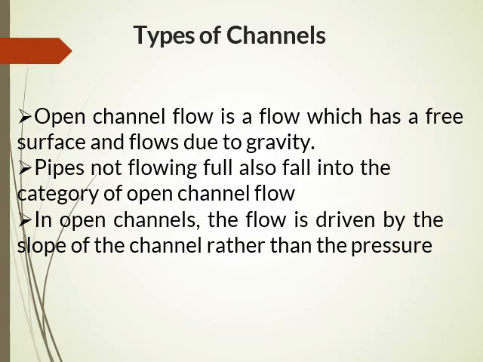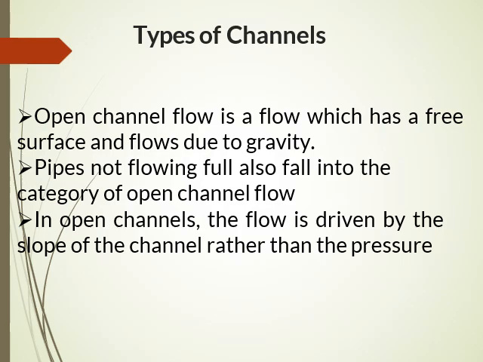Open channel flow has a free surface and flows due to gravity. A pipe not flowing full also falls into the category of open channel. In open channel, the flows are driven by the slope of the channel rather than pressure.